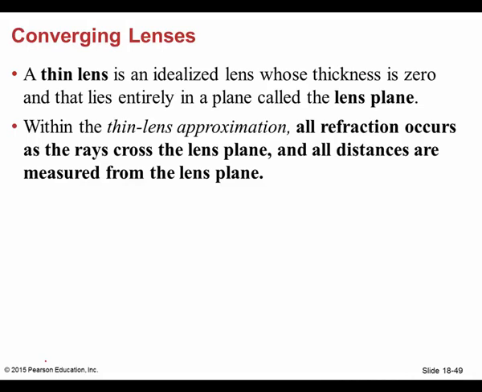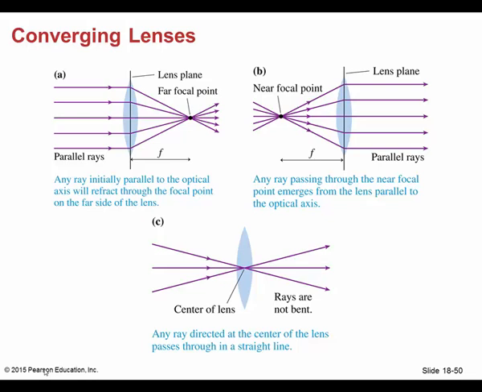So thin lenses then are what? They are lenses whose thickness is 0 and that lie entirely in a plane called the lens plane, okay? With thin lens approximations, all refraction occurs as the ray crosses the lens plane, and distances are measured from that plane. That's what I was just showing you a minute ago. If you look at the converging lens, that's the lens plane.